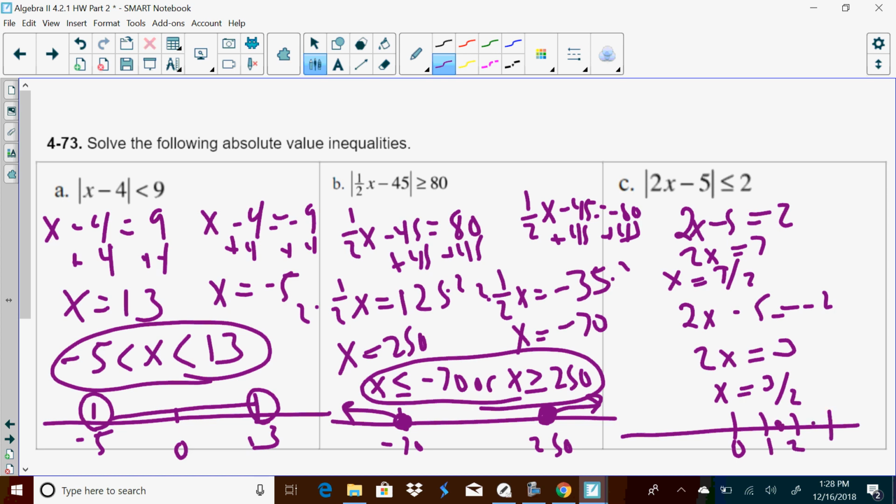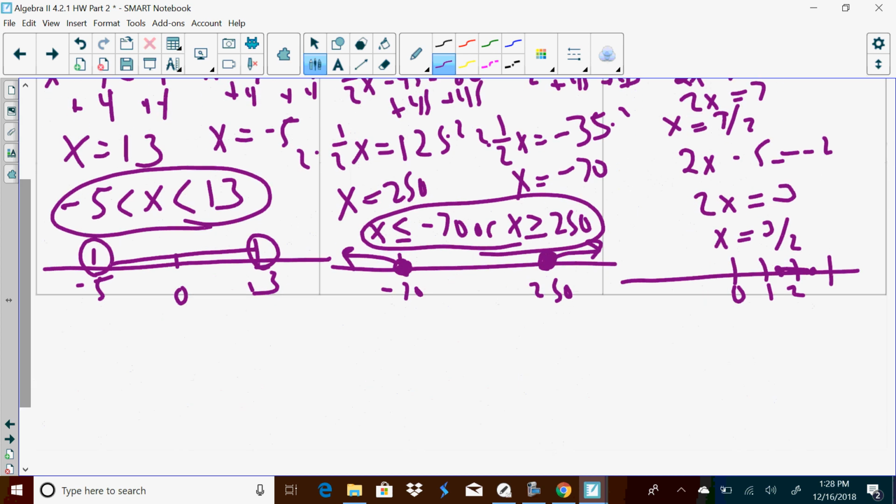So they're closed circles. So I test 0. Turns out 0, -5 is not less than, so it turns out it's between the two. So my final answer is 3 over 2 is less than or equal to x, which is less than or equal to 7 over 2.